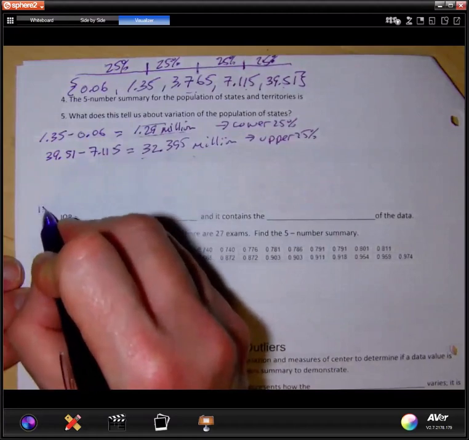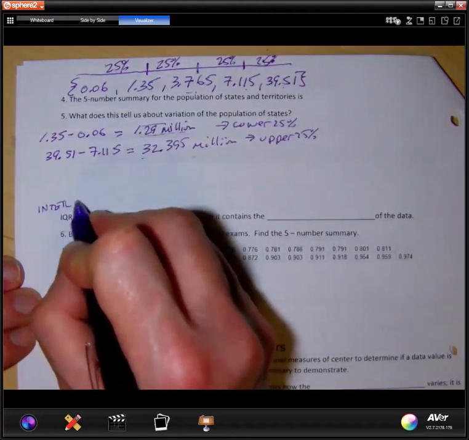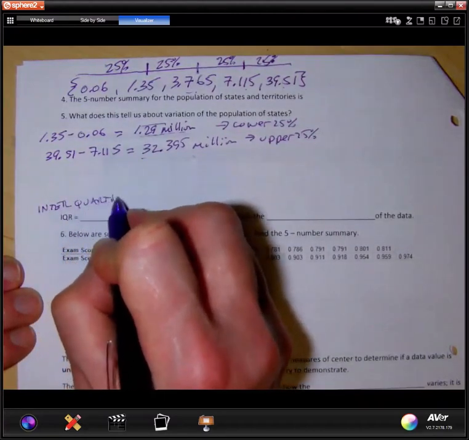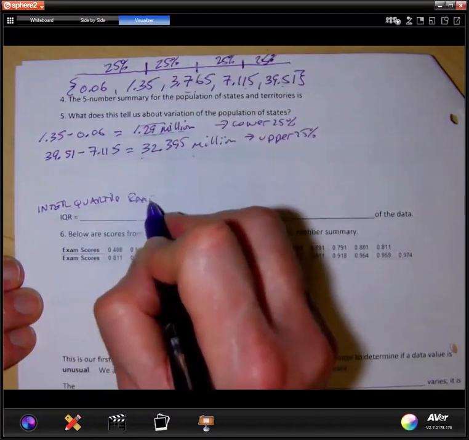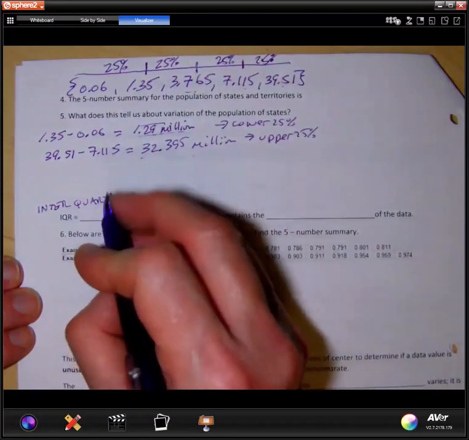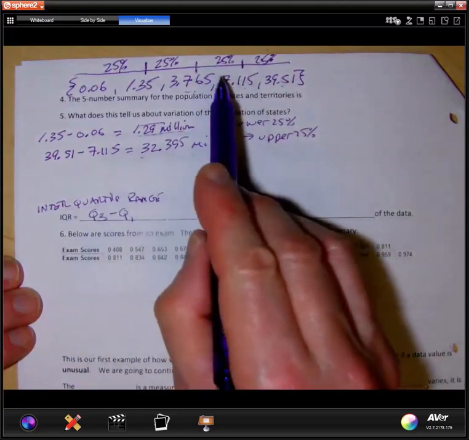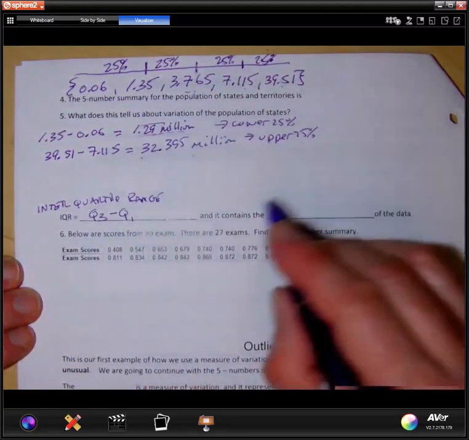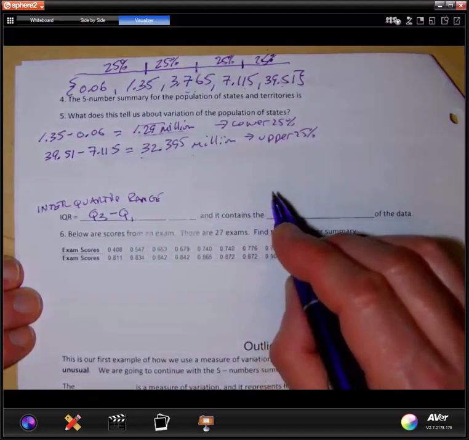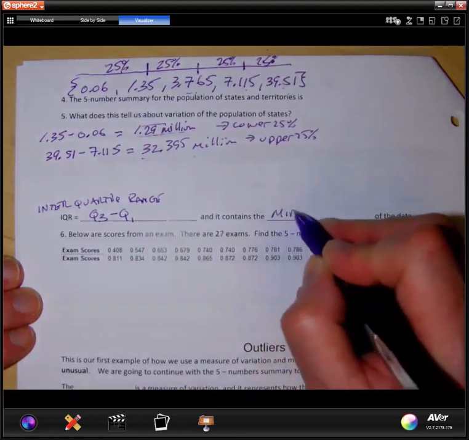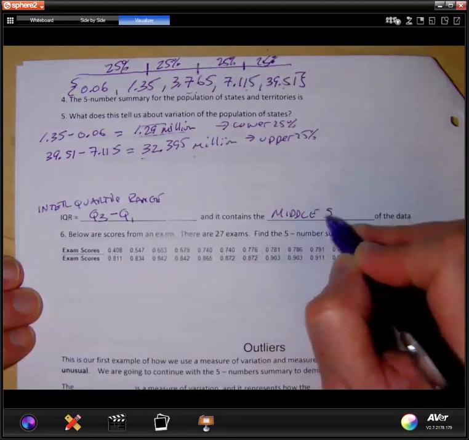And that means the interquartile range. What is the interquartile range? Well, it's going to be Q3 minus Q1. So again, I'm taking a difference between the two numbers. And this contains the middle 50% of the data set.